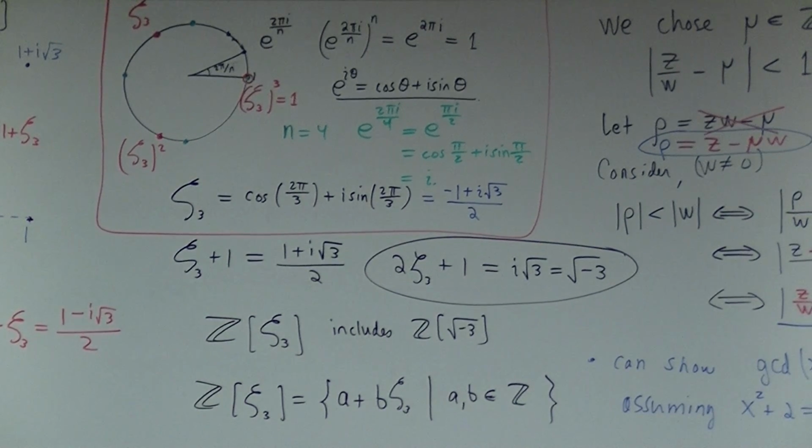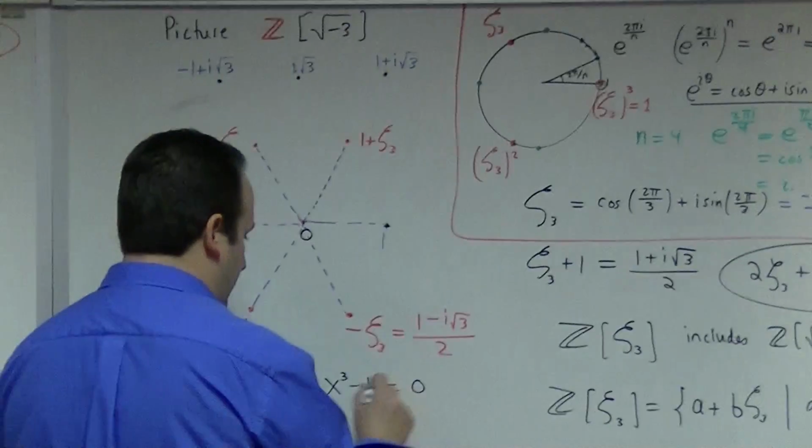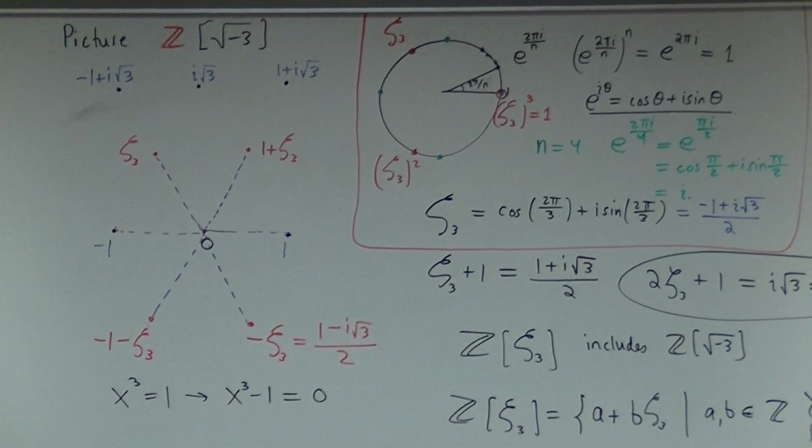All right, so that is a set of quadratic integers. Oh, I said it's a set of quadratic integers, but I'm not sure about that. What equation does the third root of unity solve? It solves x cubed equals 1, which you could rewrite as x cubed minus 1 equals 0. I'm claiming that this is a quadratic integer. It looks like maybe it's a cubic integer. Why isn't it?